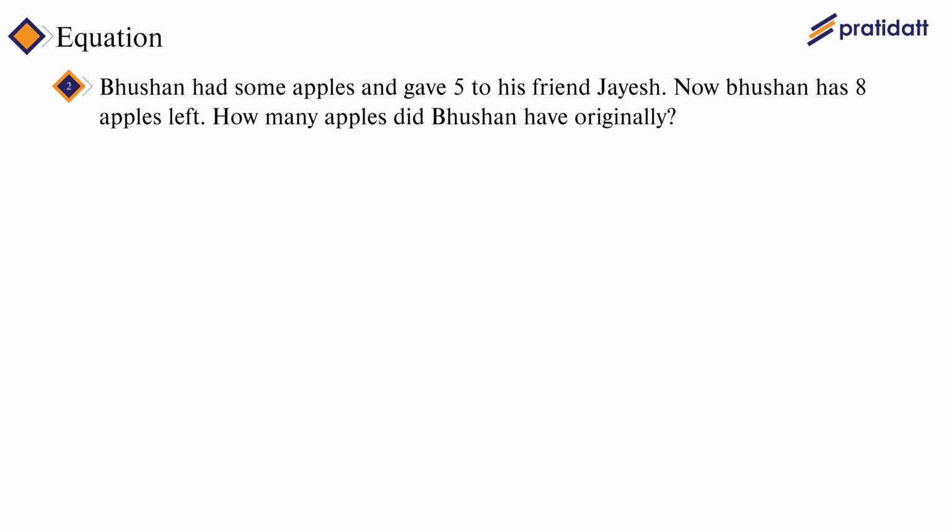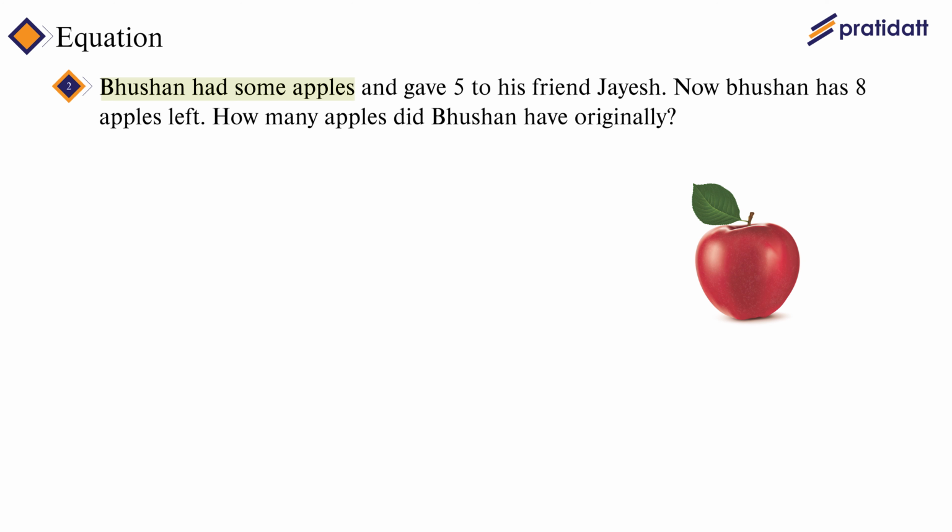Next, an example for sharing and division. Bhushan had some apples and gave 5 to his friend Jayesh. Now, Jayesh has 8 apples left. How many apples did Bhushan have originally? First of all, read the example properly and understand the concept.